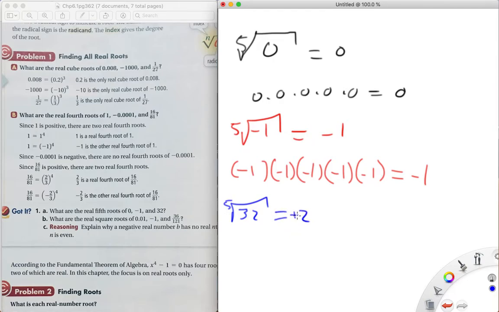Well, plus and minus 2. Actually no, this is an odd index, so this is not plus or minus, just 2, sorry. 2 times 2 times 2 times 2 times 2 equals 32.